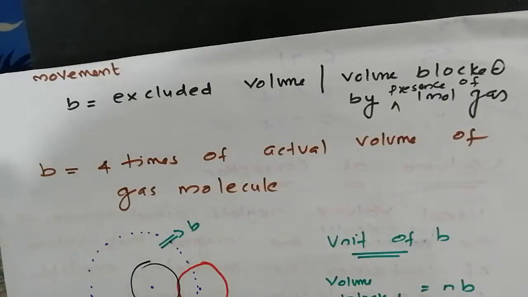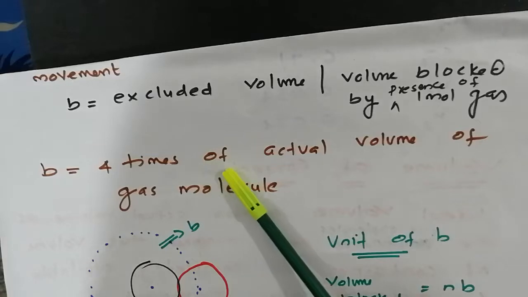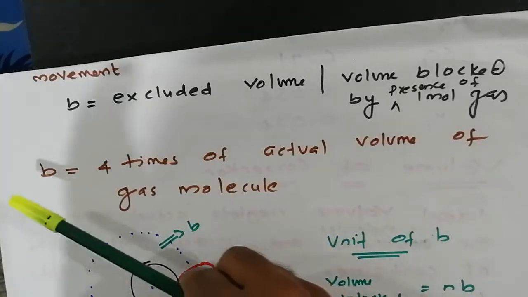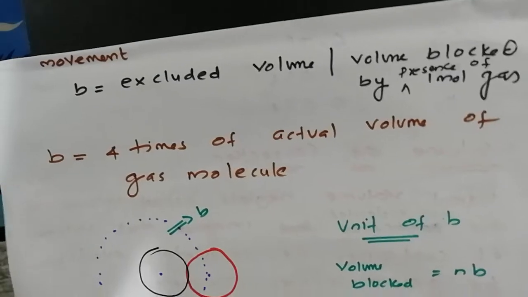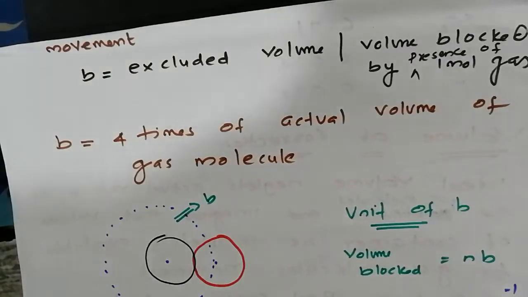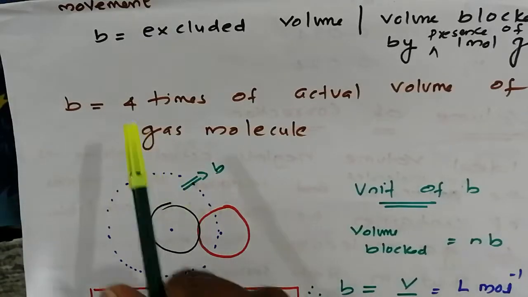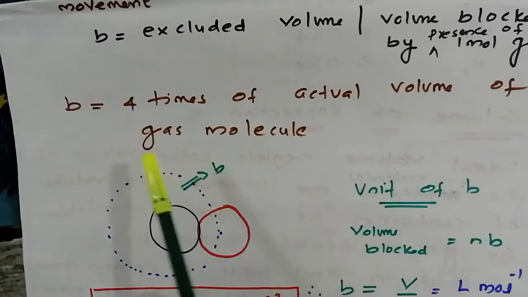Actually, b is equal to 4 times the actual volume of the gas molecules. Very important. Many have a misunderstanding that b is equal to the total sum of the actual volume of gas molecules. That's wrong. It is 4 times the actual volume of gas molecules.